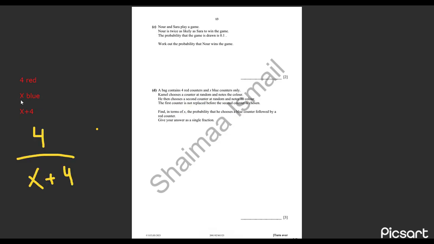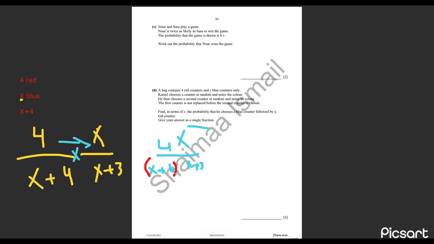Multiplying by the red, which is 4, over x plus 3, since it's not replaced. So if we multiply this, that's 4 times x, which is 4x, divided by x plus 4, x plus 3. And I asked you to write it as a single fraction, and that's it. Okay, see you next.